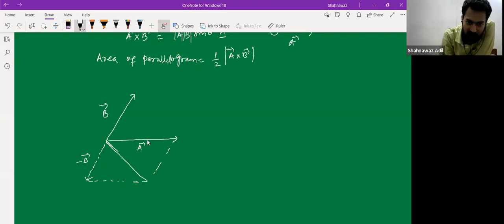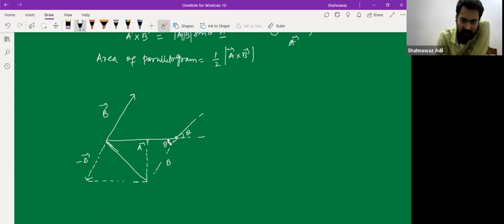So now tell me, this is the angle theta here, right? So now if this is theta, this is B, so this would be how much? Which angle?